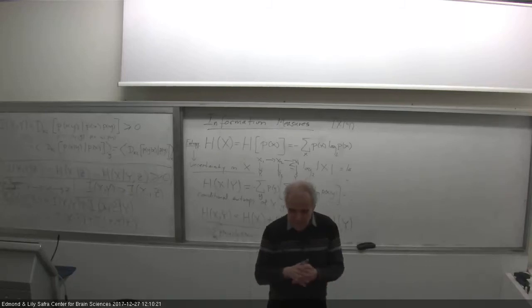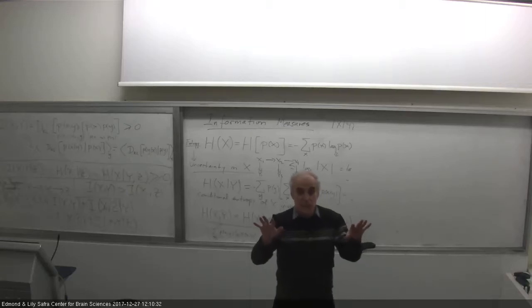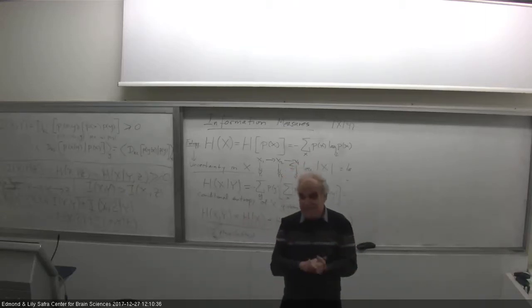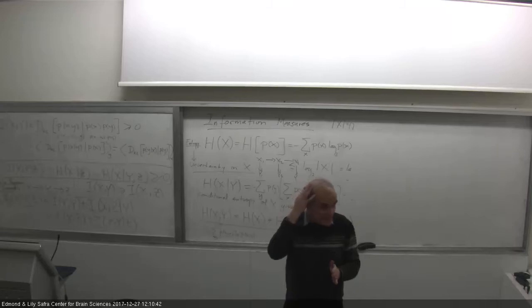Remember this? For example, if you want to play the 20 questions game, asking a binary yes/no question which has maximum entropy of the outcomes, so the answers yes or no are the most efficient questions or measurements because they're going to reduce my uncertainty in the fastest way.